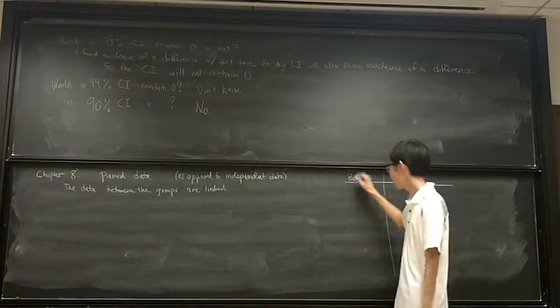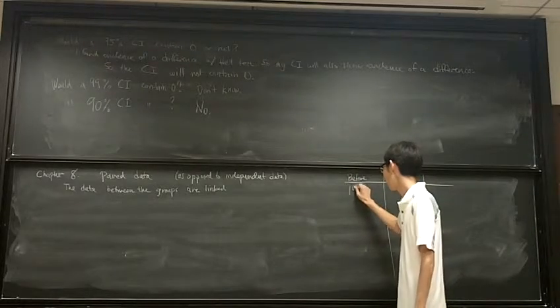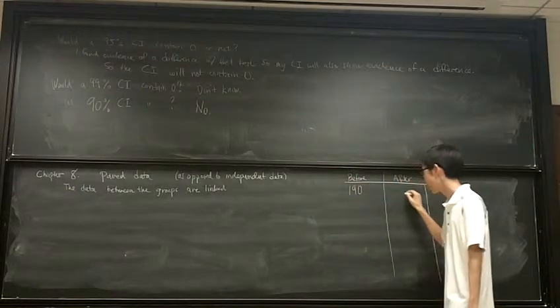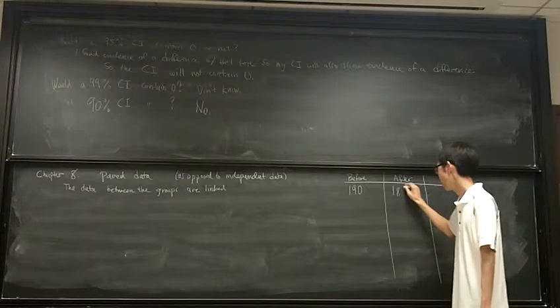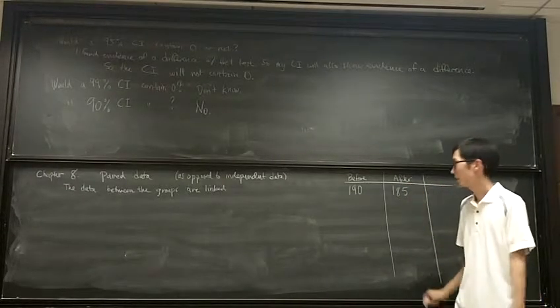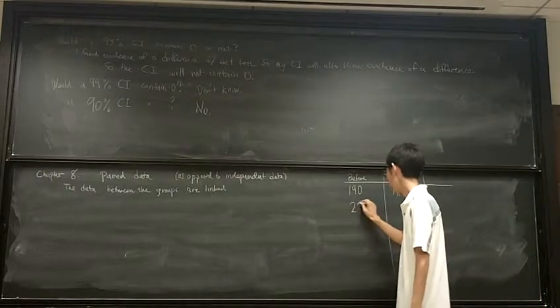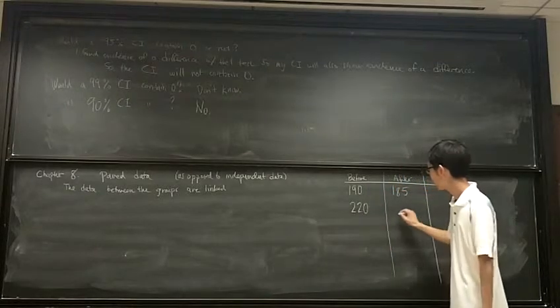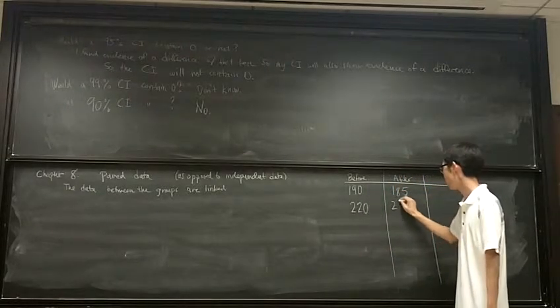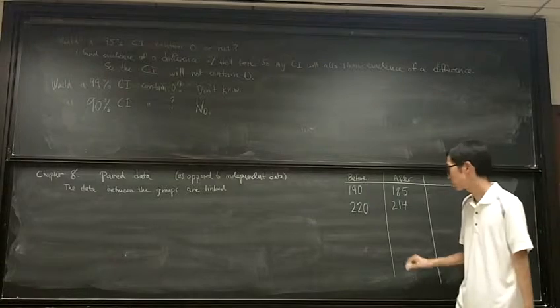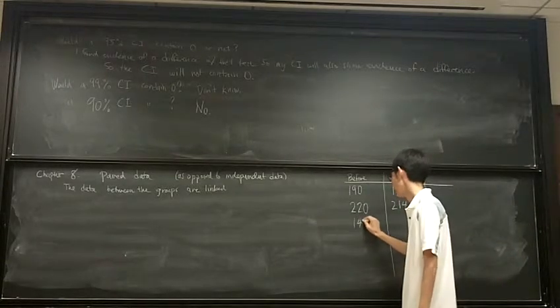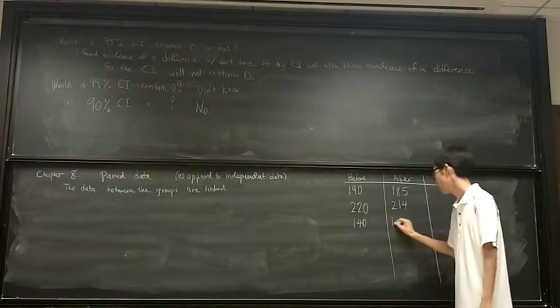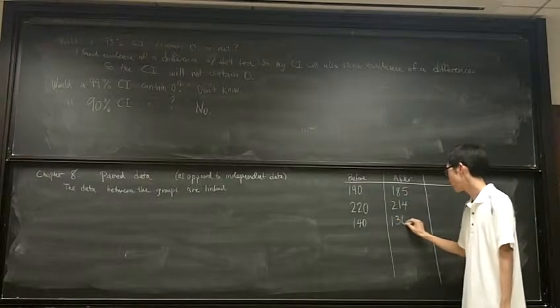All right, so let's say somebody weighed 190 pounds, and after taking the pill, they now weigh 185. And let's say somebody weighed 220, and after taking the pill, they weigh 214. And somebody else weighed 140, and after taking the pill, they weigh 136.